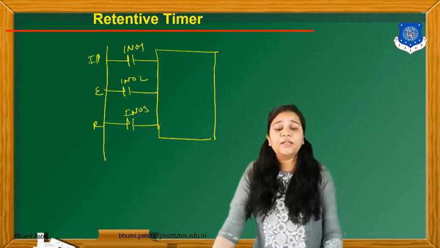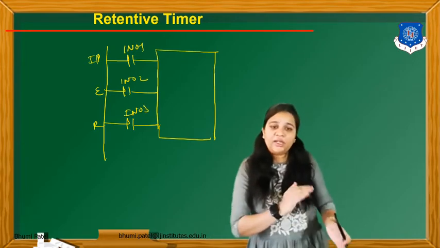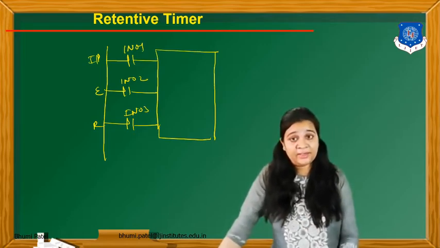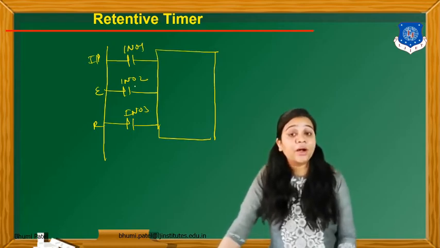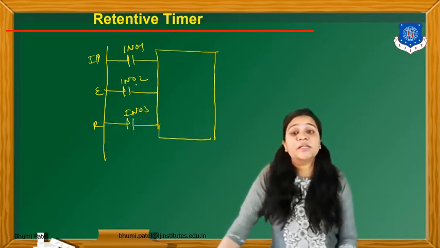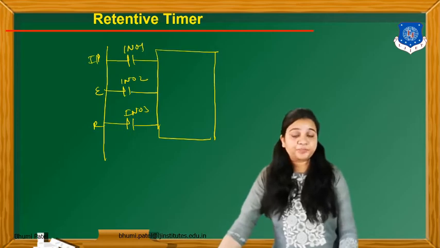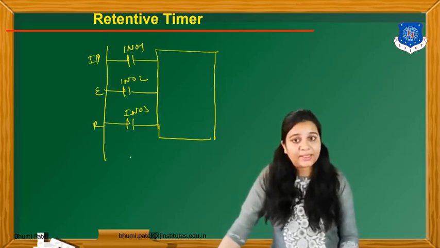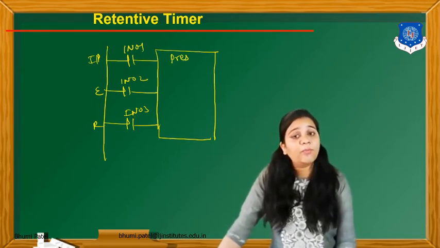Generally the condition is like that: if the pin is enabled, it is not a reset, and if it is reset, it is not enabled. So we can connect enable and reset at the same pin, but in some conditions, that is, a special requirement, you have to connect the reset pin separately, or in the program they will ask that you connect the reset pin separately. At that time we can connect 3 inputs for this retentive timer in the block format.